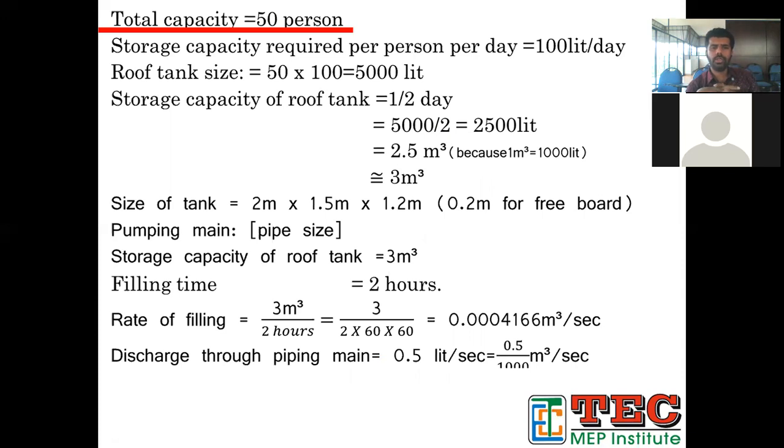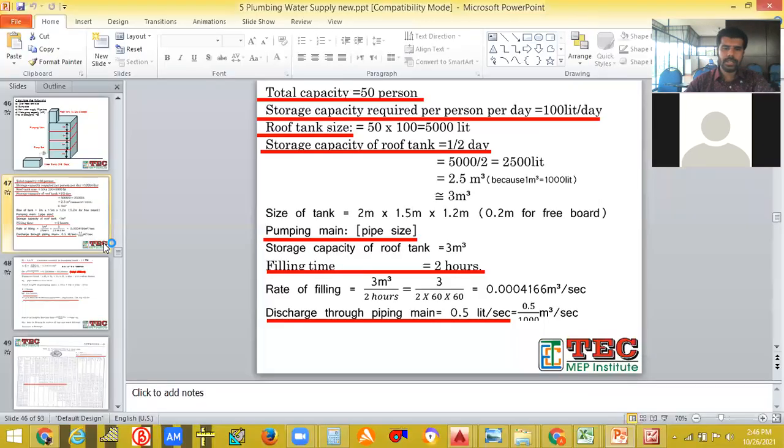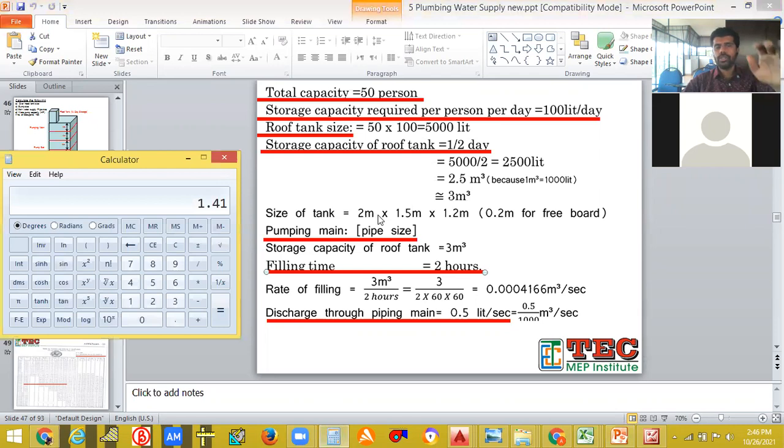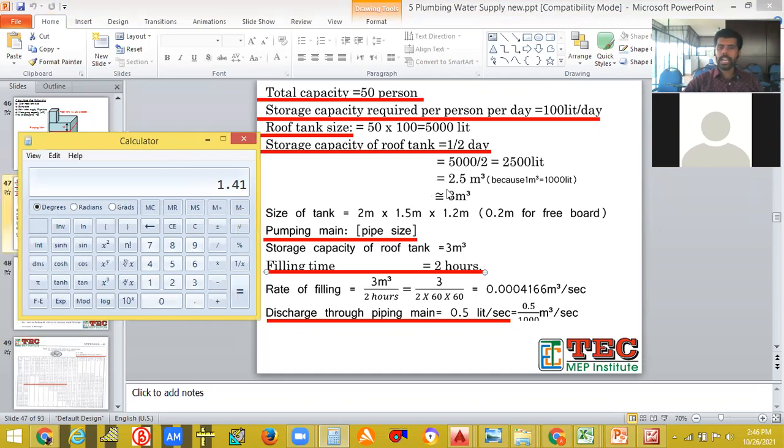So if you are trying to make a tank of 3 meter cube or 3,000 liters, how will you find the tank size? If you are building an RCC or concrete tank, you need 3 meter cube.